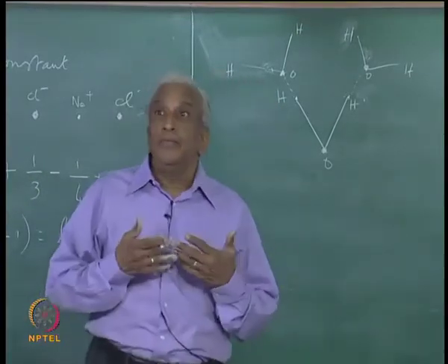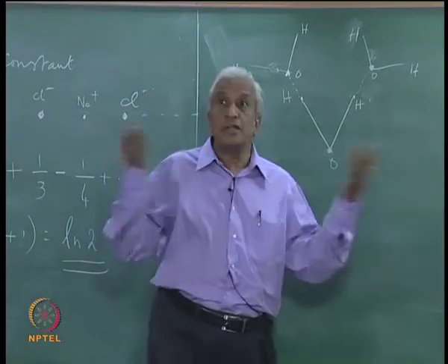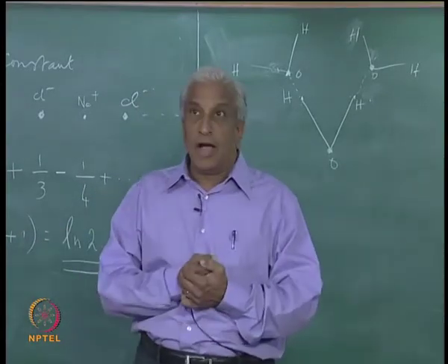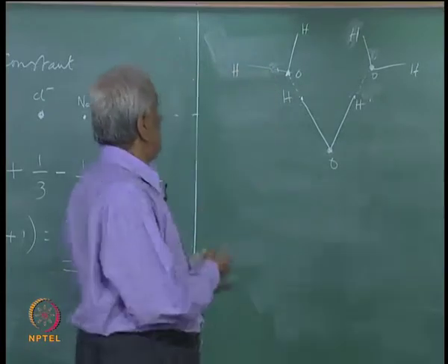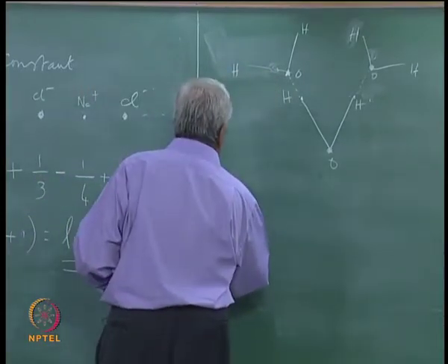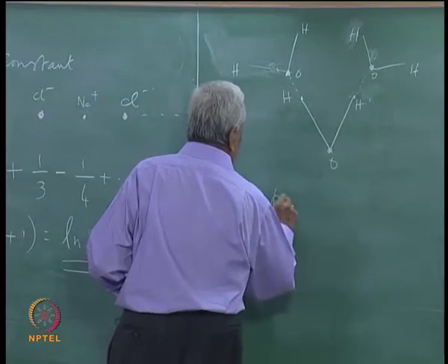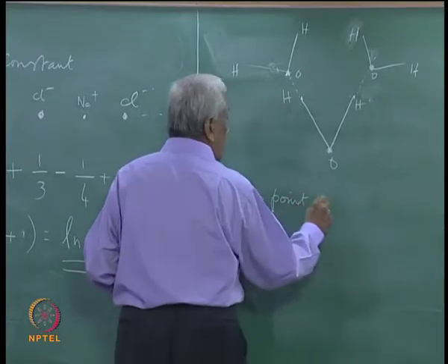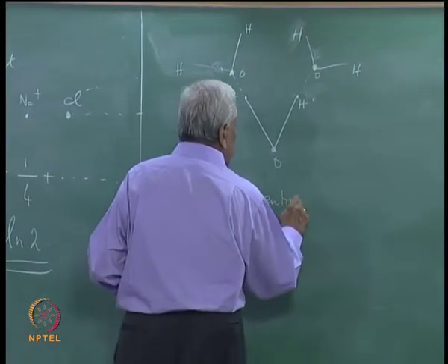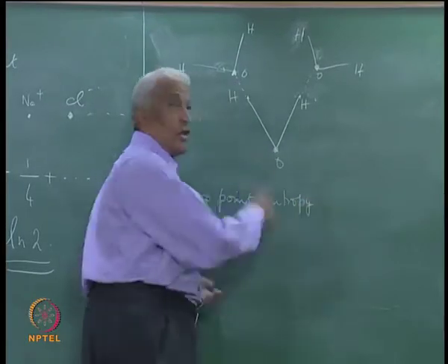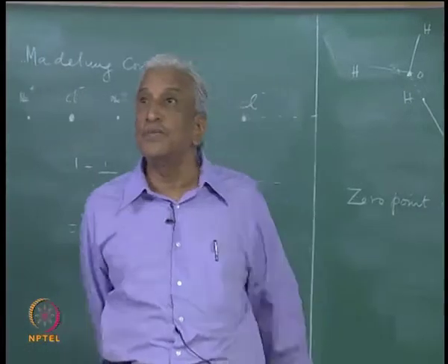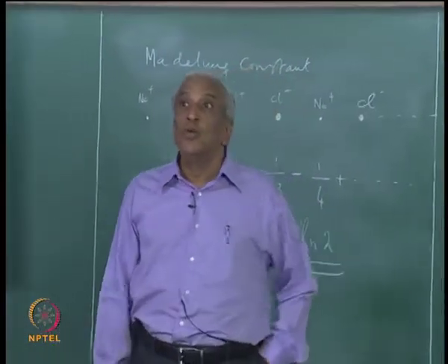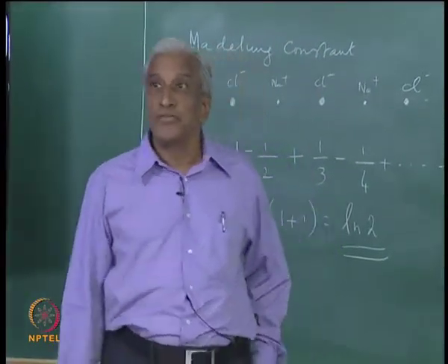This gives rise to a certain disorder, and associated with this disorder is an entropy. This is a zero point entropy, because even at absolute zero this disorder persists, as it is essentially a structural disorder associated with the number of different ways of distributing 2 hydrogen atoms over 4 bonds.